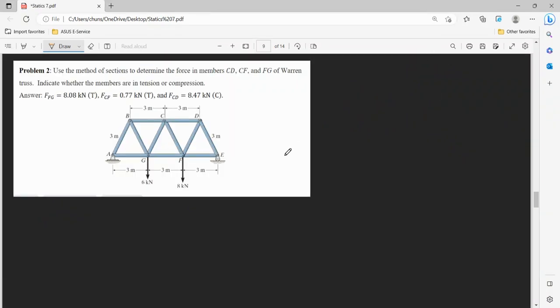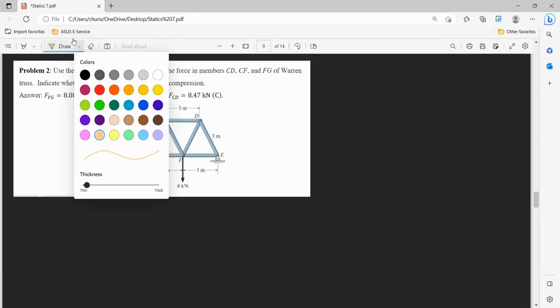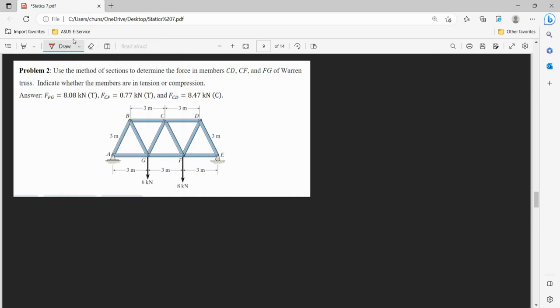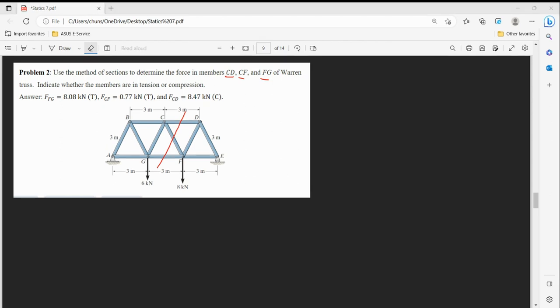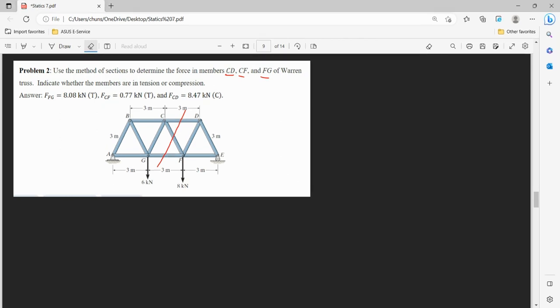Okay, so in problem 2, we are using method of sections to determine CD, CF, and FG. So let's find that. So this is CF, CD, and FG. So we would have to cut this section here. Okay, we also need to consider our reaction forces.